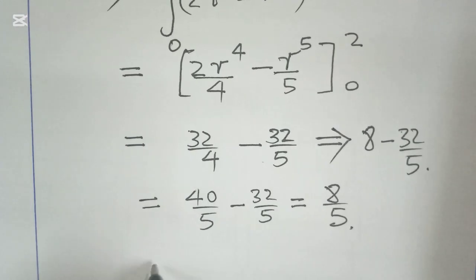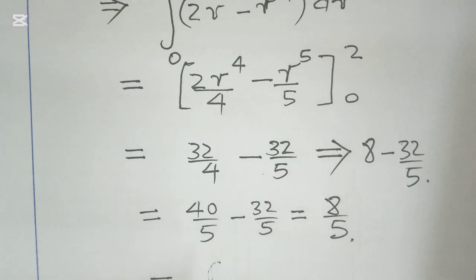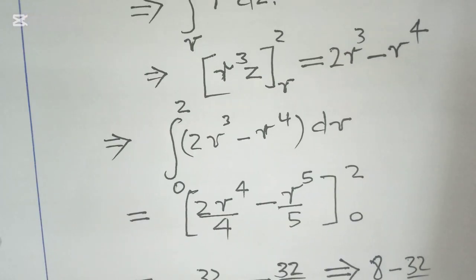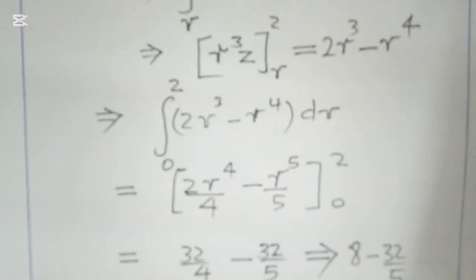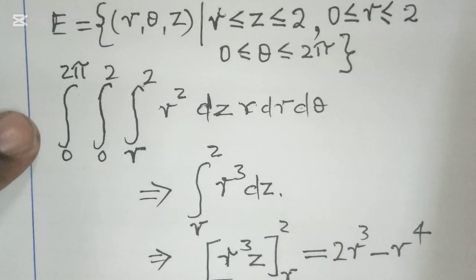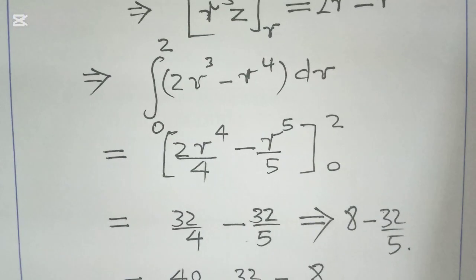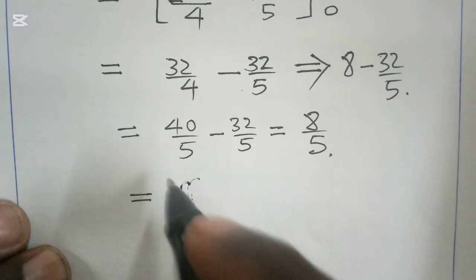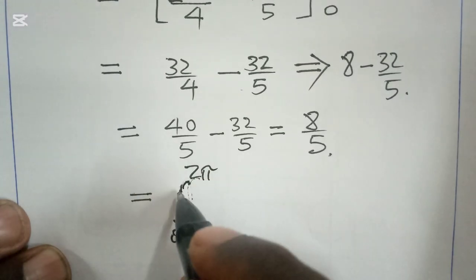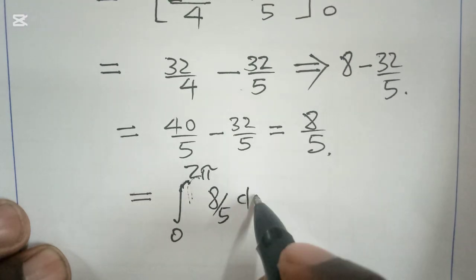So guys, we come and now integrate with respect to d theta. So this guys, we are going to do that with respect to d theta. And this is now what we are talking about, from 0 to 2 pi. So we integrate that from 0 to 2 pi. So this is 8 over 5 d theta.